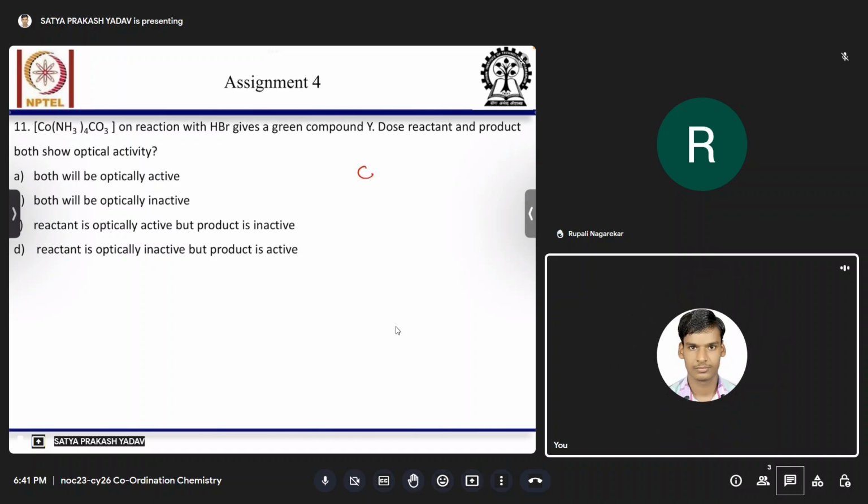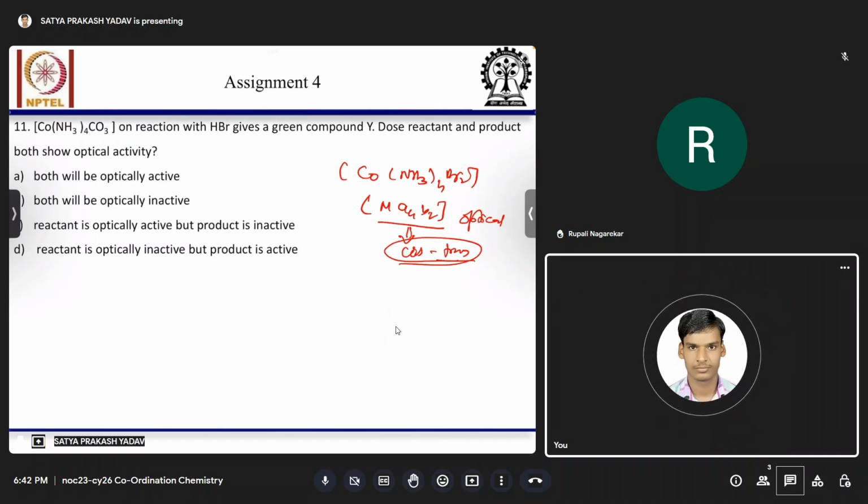If we react it, it might form [Co(NH3)4Br2]. Now this is a complex of the kind Ma4B2. Here only cis and trans isomers are possible, but no optical isomer will form.